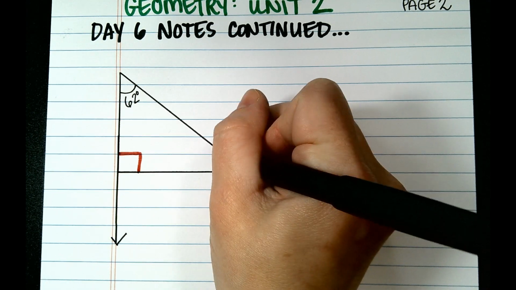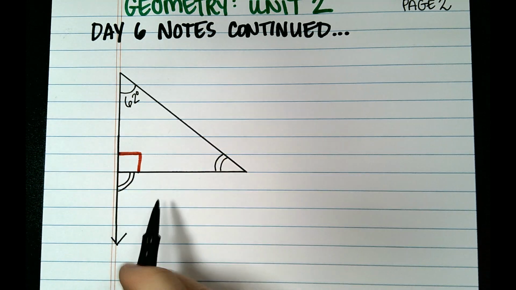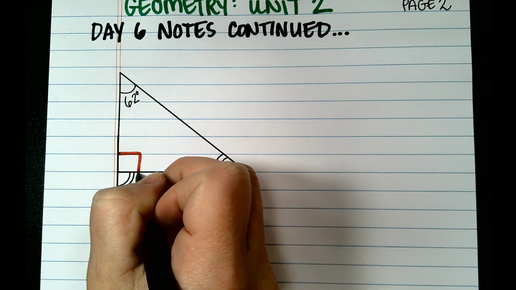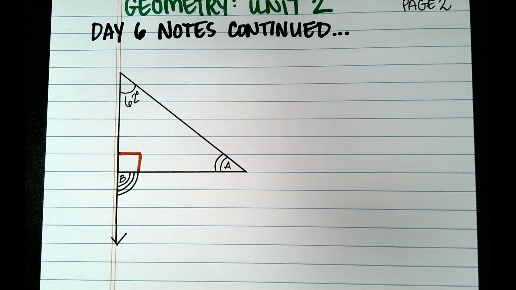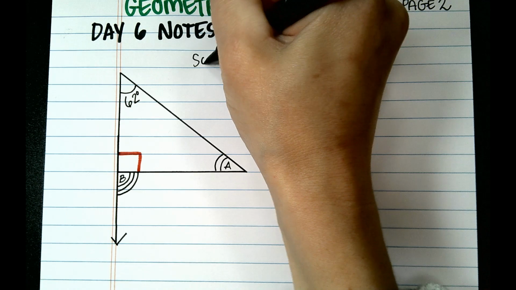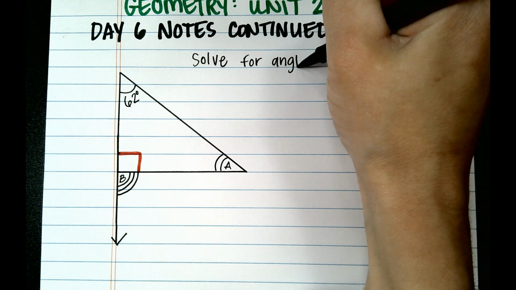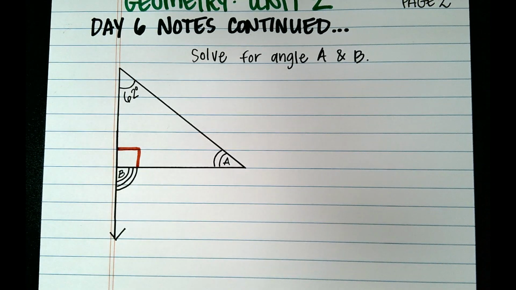And I want you to see if we can solve for, this will be angle A, this will be angle B. Yes, it would have arches on it.